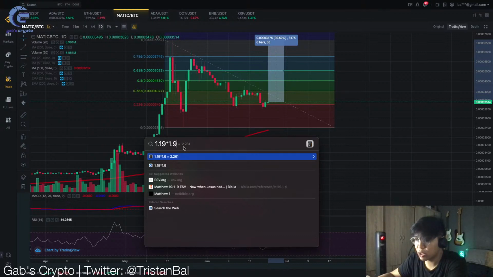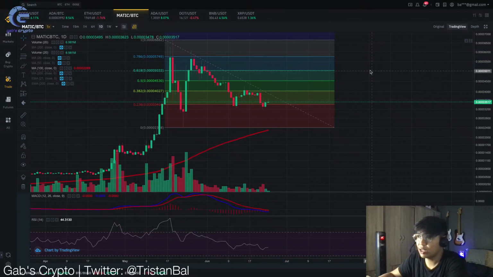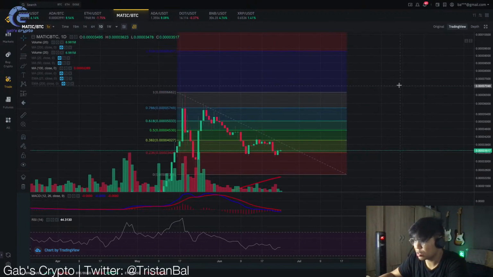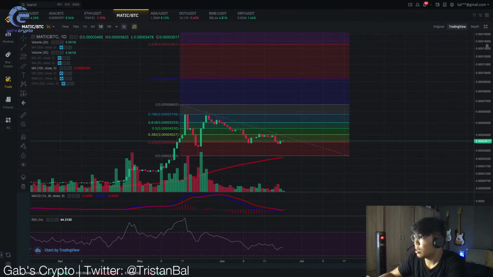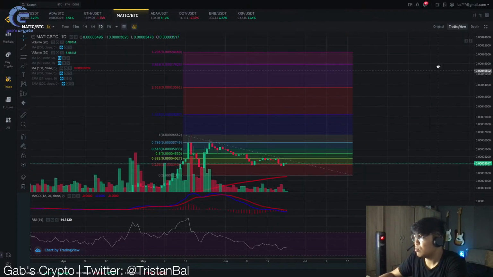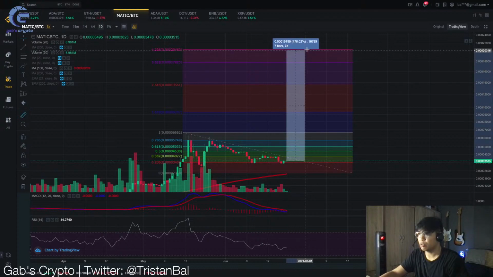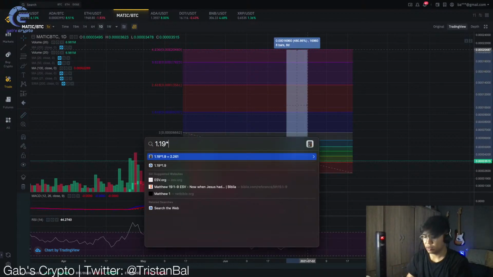So kung bumili ka ng 1.9, I don't think na masyado kang magpapanik kasi Bitcoin dominance pair, yung Matic dominance niya against Bitcoin is still good. And maximum price action niya would be around this level. So if follow natin to 400%, so that's around 5.80.